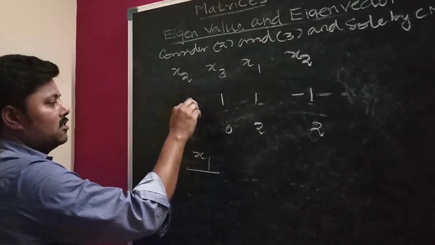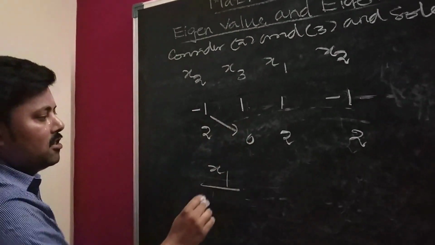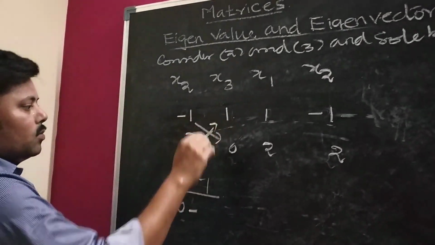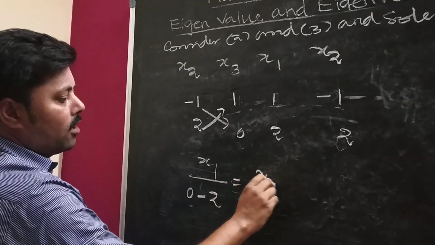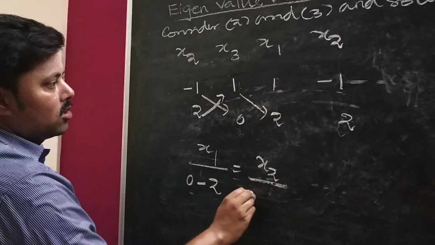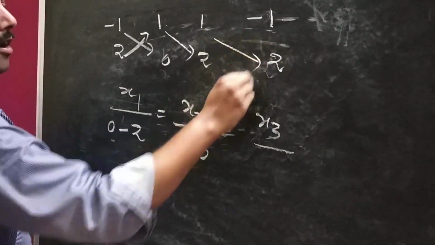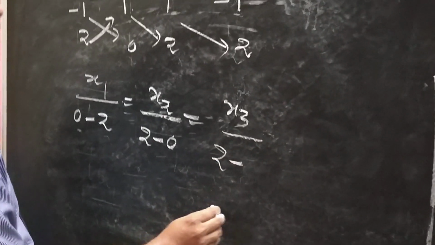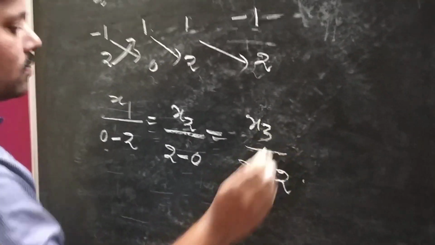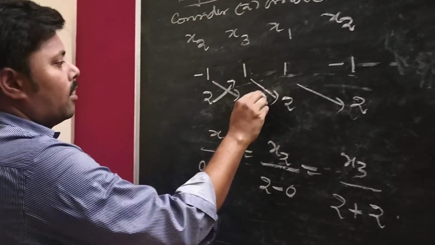So what is the x1 value? Just determinant expansion: minus 1 into 0 minus 2 into 1. The x2 value: 1 into 2 minus 0 into 1. The x3 value: 1 into 2 minus 2 into minus 1, so plus 2.